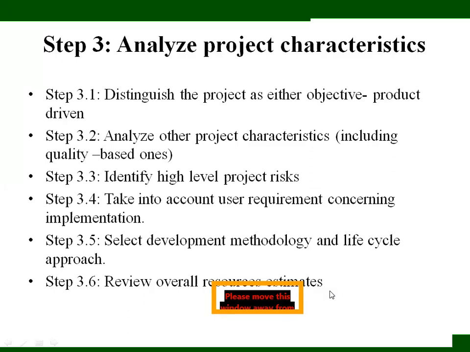How much money do we spend for those resources? How much time will it take to complete that project using those resources? So we are taking all the reviews for all those resources. Does it increase or decrease our cost or our time? We have to review all these in analyzing project characteristics.